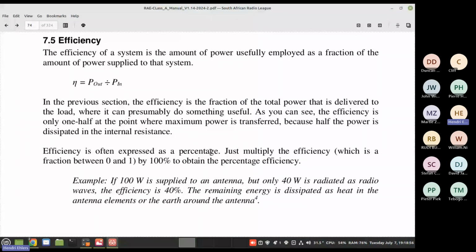So if you have an amplifier or an HF radio, and it uses 150 watts when you're transmitting, but it only puts out 100 watts, then you divide the output of 100 by 150, and that will give you 0.66, or 66% efficiency.